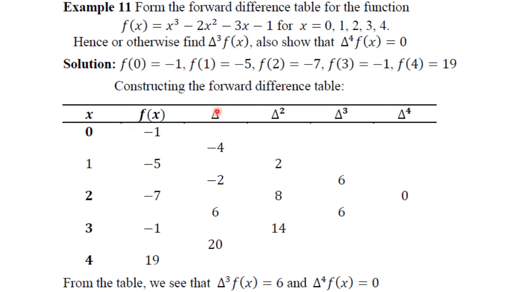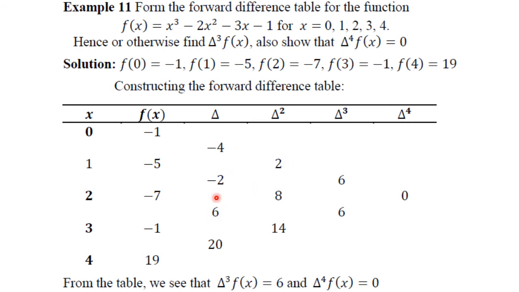So this is del, del square, del cube, del 4. See, now -5 minus -1 is -4. -7 minus -5, this entry minus this entry, is -2. This entry minus this entry is 6. 19 minus -1 is 20. Similarly, now the next difference: -2, so this becomes plus 4, 2.